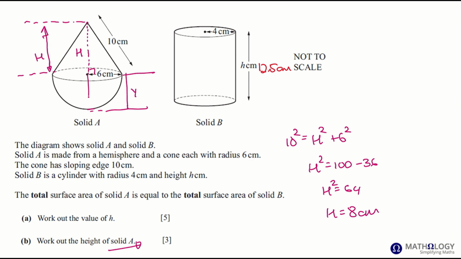That length y is simply just the radius, which I think we call uppercase R, of that sphere, which is 6. So the height of solid A is simply going to be uppercase H plus uppercase R, which will be 8 plus 6, and that's 14 centimeters.